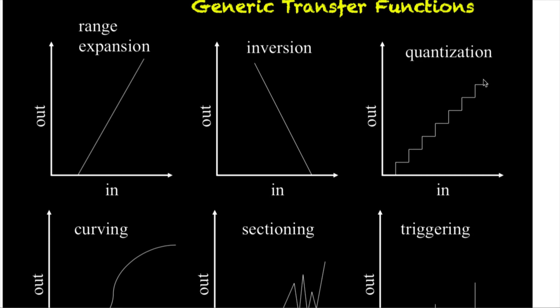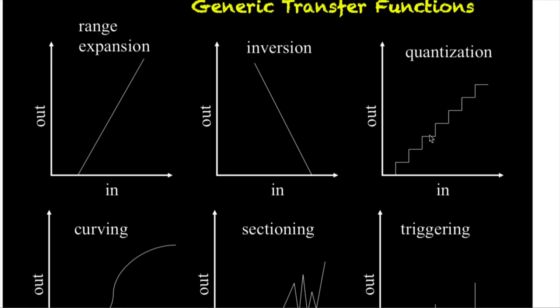Okay, a few more. Here is how a quantization transfer looks. What that means is that a certain set of input values yield a fixed output value, and once the threshold is crossed, then the next output value comes. This is typically the decimation of your signal, so a kind of distortion algorithm is produced.